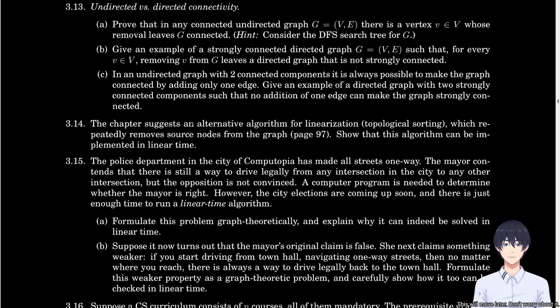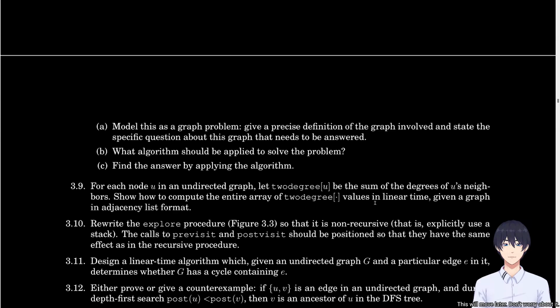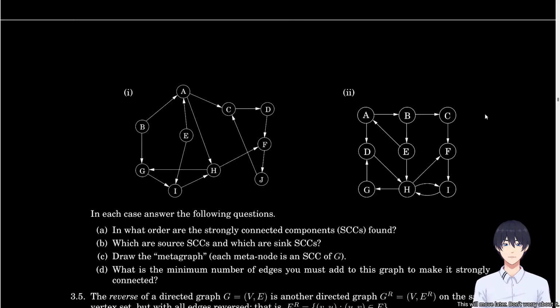The chapter suggests an alternative algorithm for linearization, topological sorting, which repeatedly removes source nodes from the graph. I forgot what that was. Show that this algorithm can be implemented in linear time. But isn't topological sorting linear already? I don't remember what they said. Page 97.